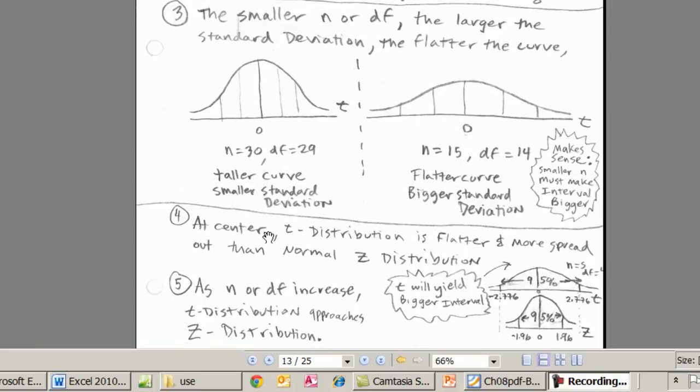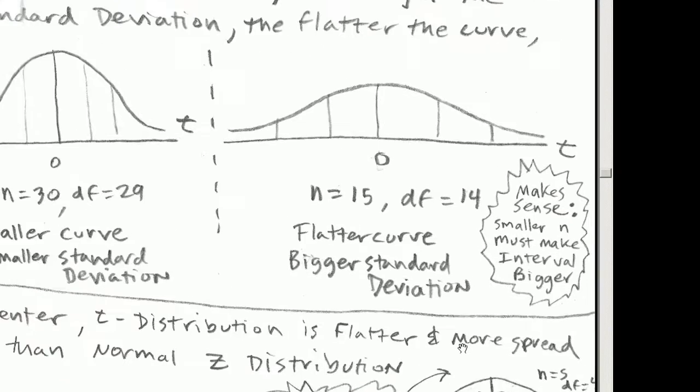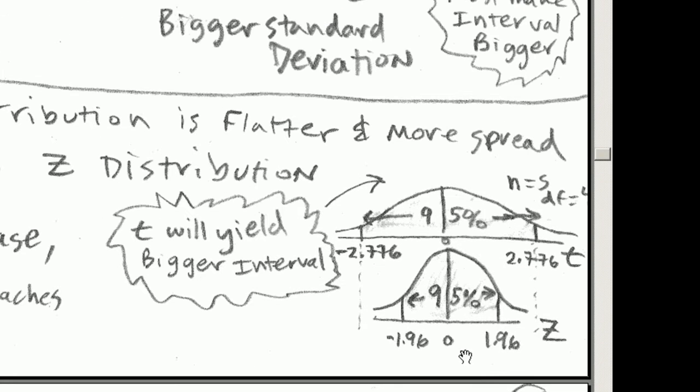Four, at the center, the t distribution is flatter and more spread out than the normal z distribution. So right down here, there's a little teeny drawing. So you can see if we had our z distribution, 95% would give us about minus 1.96 standard deviation here, 1.96.